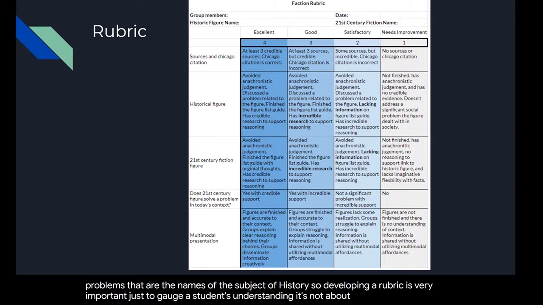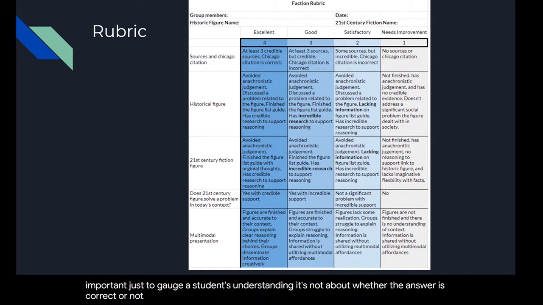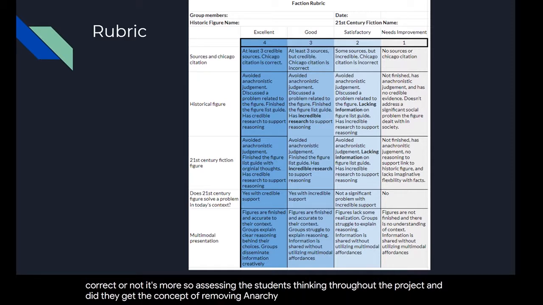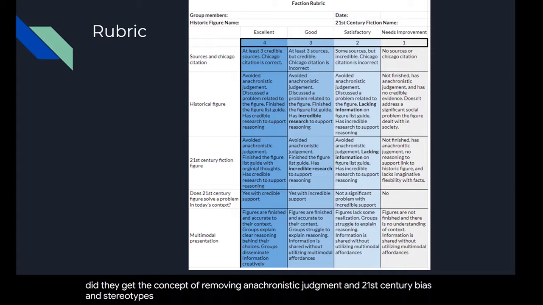It's not about whether the answer is correct or not. It's more so assessing the student's thinking throughout the project, and did they get the concept of removing anachronistic judgment and 21st century bias and stereotypes in their historical context analysis. That's going to be highlighted through the figures.